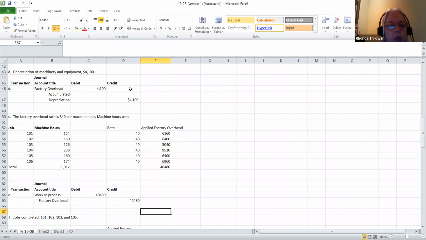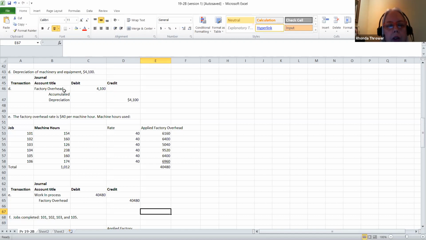For transaction D, we're going to record depreciation of machinery and equipment of $4,100. For some reason, they didn't tell you that this was factory machinery and equipment, but it is. And if it's factory machinery and equipment that we are depreciating, it's going to be increased to the factory overhead account, which is an expense account.